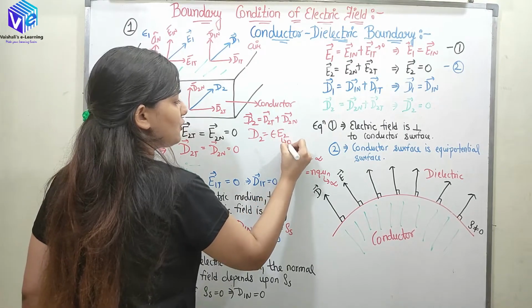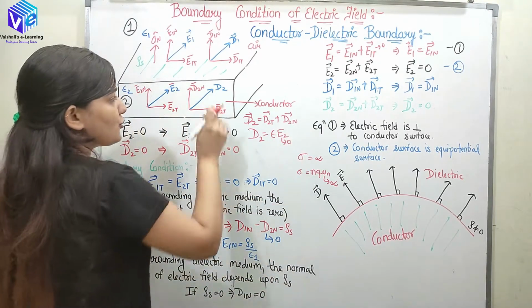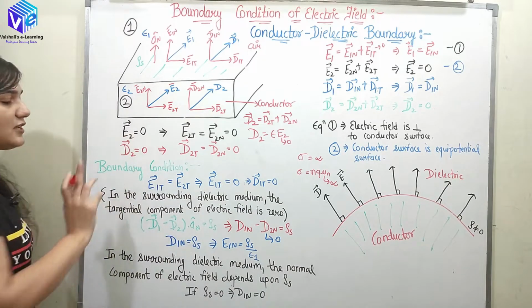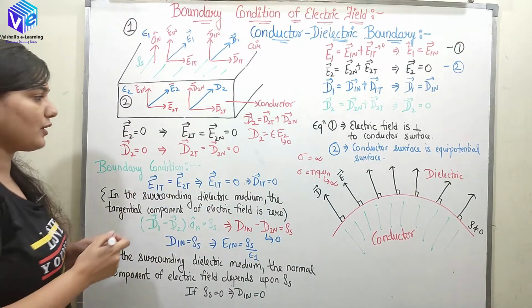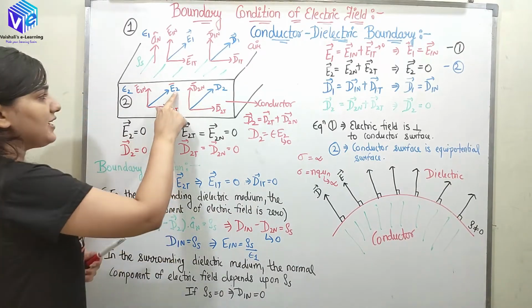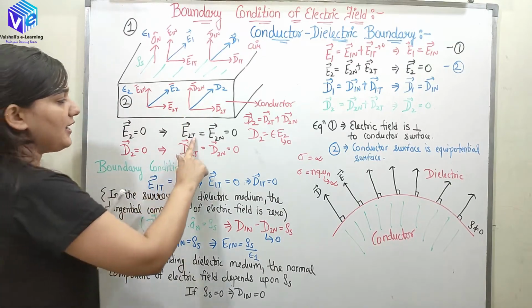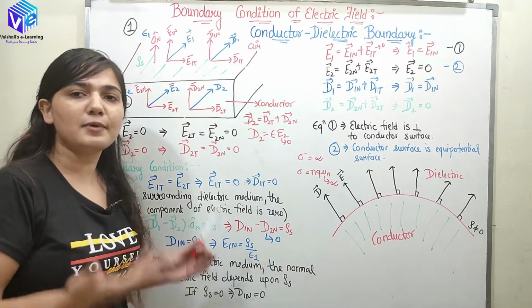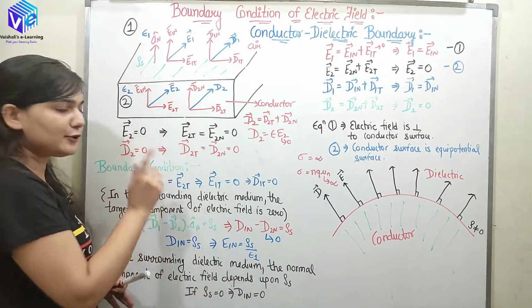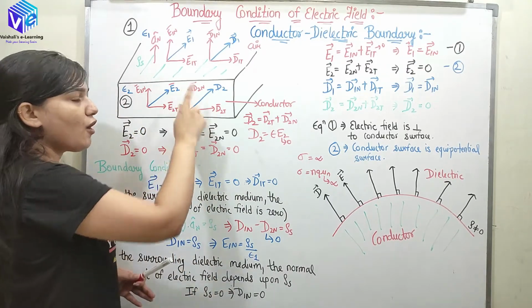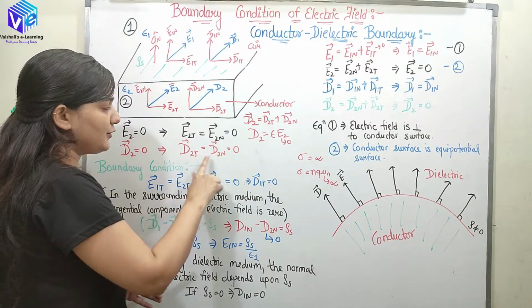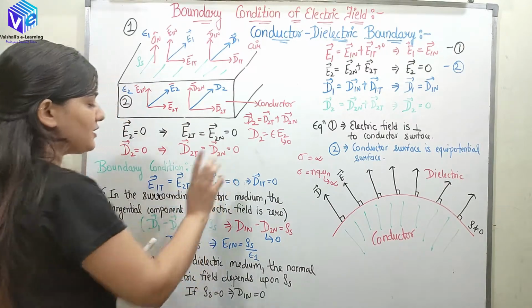So I can say E2 is 0 and D2 is 0. Or I can say that when E2 is 0, both of its components will be 0: E2t and E2n will be 0. If D2 is 0, again both of its components have to be 0, so D2t is equal to D2n is equal to 0.